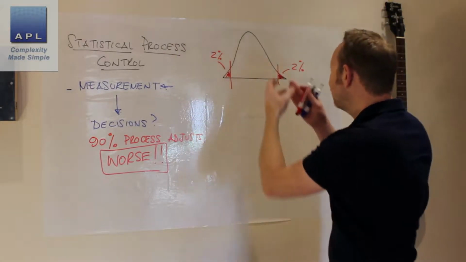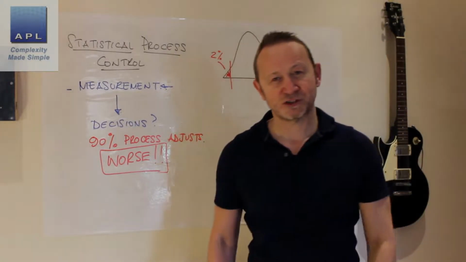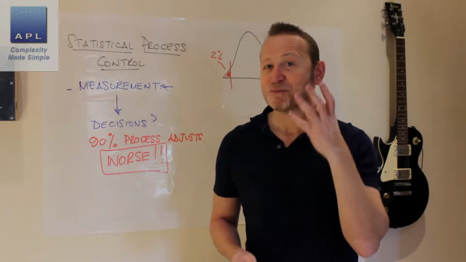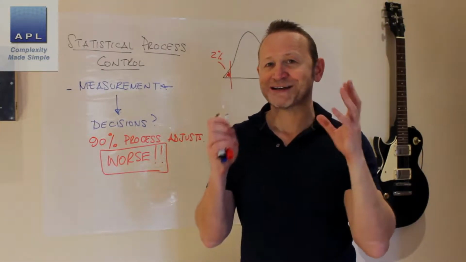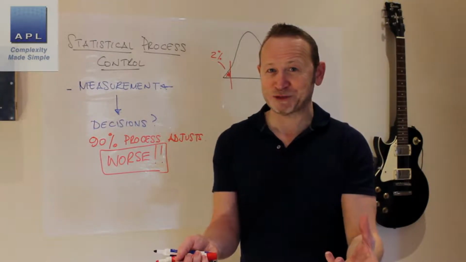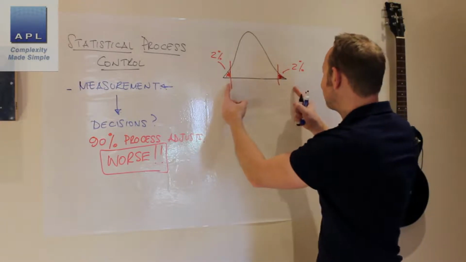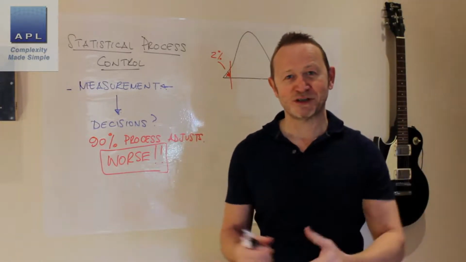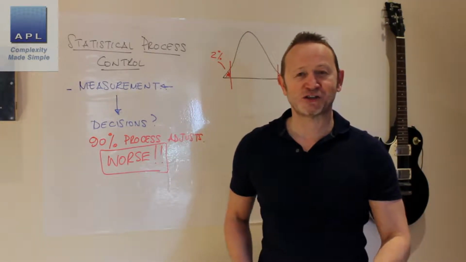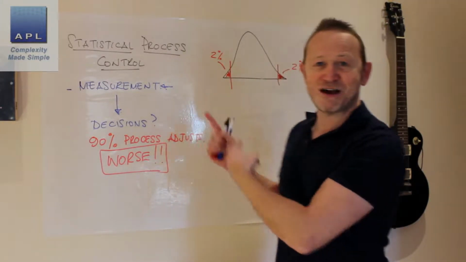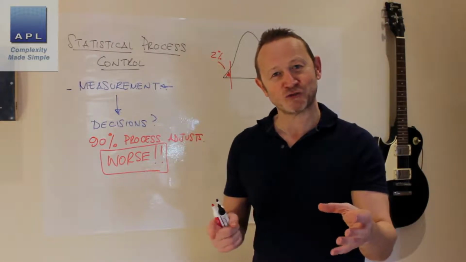Now, if you showed that picture to your technician or to your process operator, would they be happy that they've got the defect rate as low as it can possibly be? Well, yes, because the process is centered. The tails are as small as they can be. What would the operator and technician be doing? They'd be drinking tea and reading the paper because they don't need to make an adjustment.